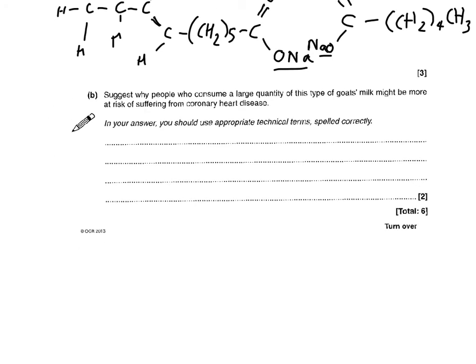Okay, part 3 suggests why people who consume large quantity of this type of goat's milk may be more at risk of suffering coronary heart disease. This is a slightly tricky one, but part of this topic is about the fact that trans fatty acids are bad for you.